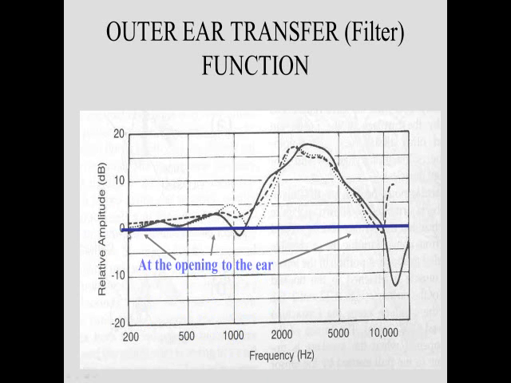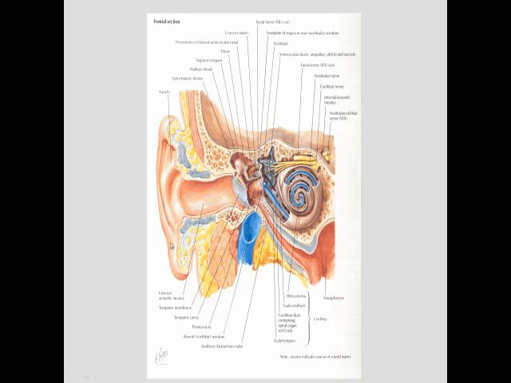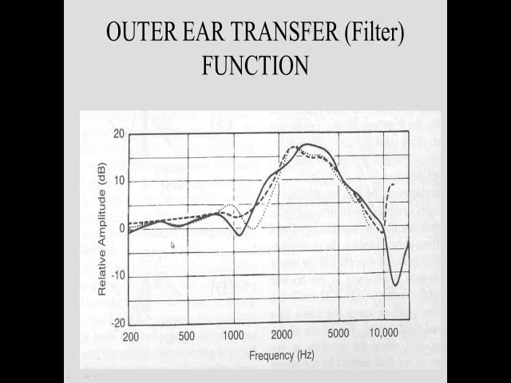So the sound that goes into the ear is essentially a white noise. That is to say, it's got equal energy at all these different frequencies from 200 out to 10,000 hertz or more. And at the opening to the ear canal, that is to say right there, the sound spectrum looks like this. In other words, it's flat.